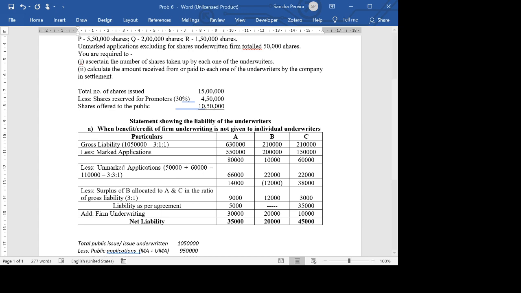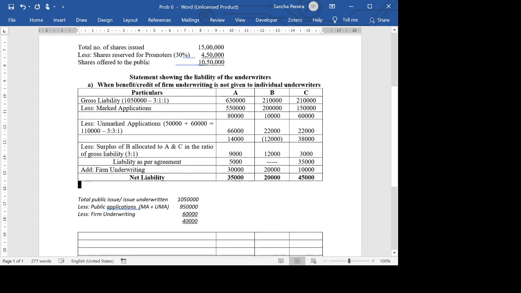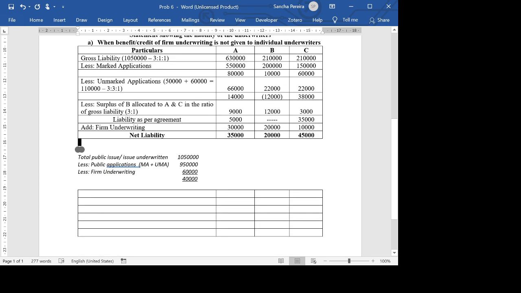What will the underwriters have to pay the company? Or will the underwriters have to pay the company anything? If yes, what are they paying for? On account of what?